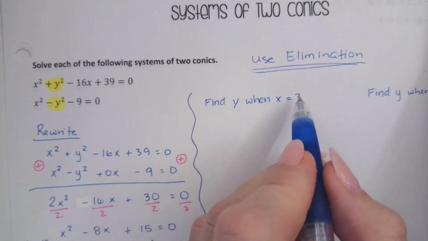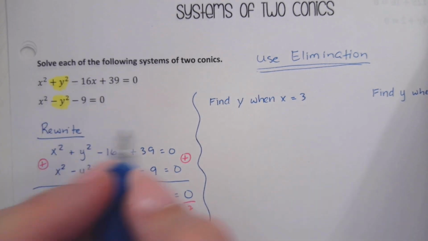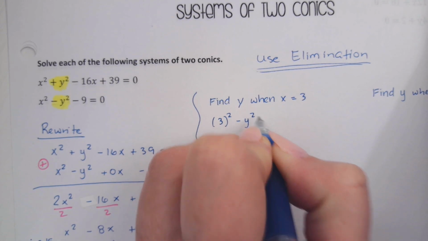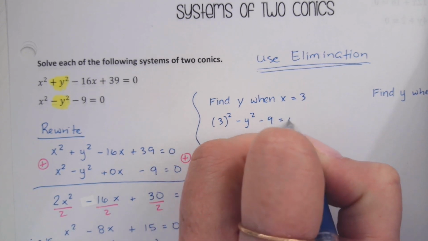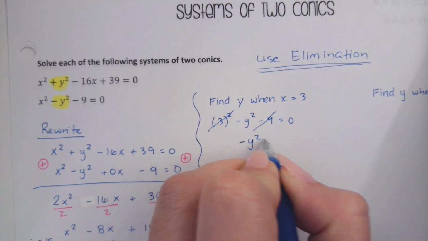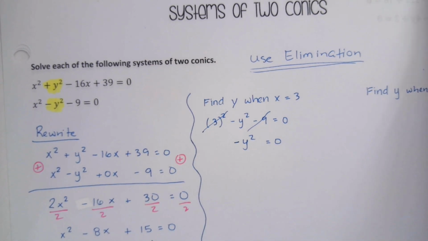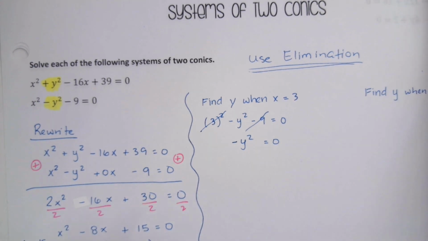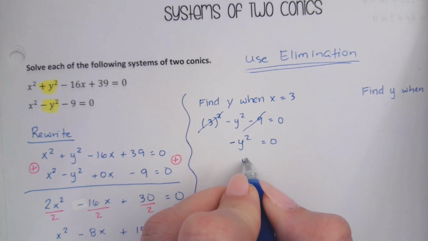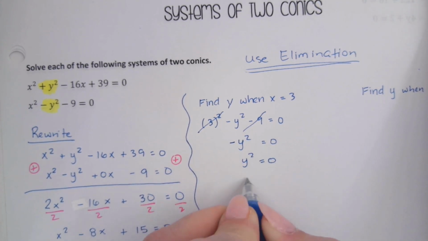For the first one, I'm plugging 3 into the bottom equation, so that would give me 3 squared minus y squared minus 9 equals 0. This would be a 9 and a minus 9, so negative y squared equals 0. Basically y is going to be 0, because if you divide by a negative, you still get 0. And the square root of 0 is still 0.